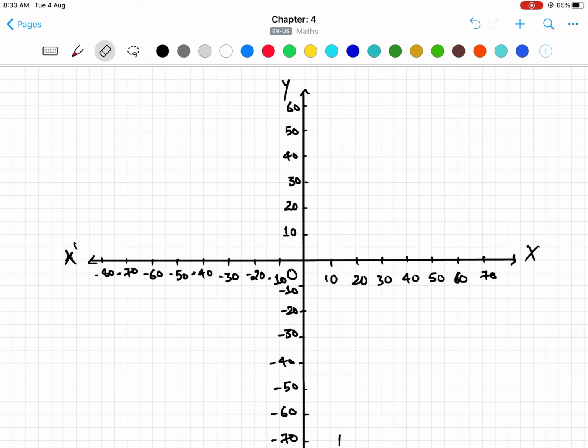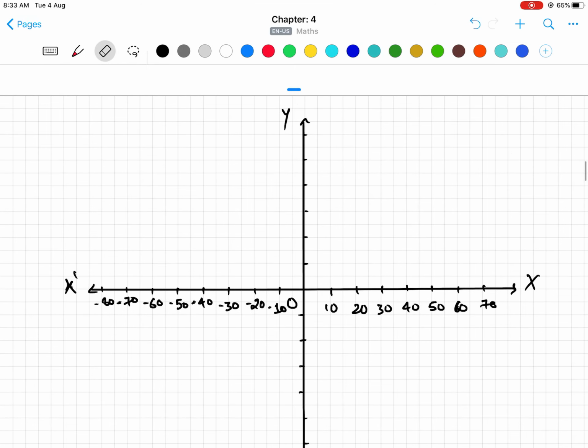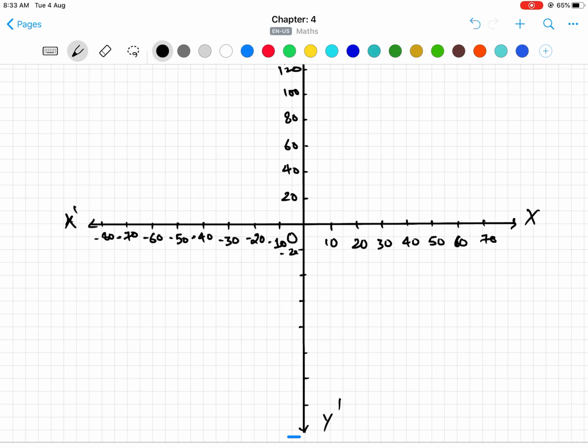Let's take these points at an interval of 20. This is 20, 40, 60, 80, 100 and 120. Similarly on the downward side, minus 20, minus 40, minus 60, minus 80, minus 100, minus 120 and minus 140.